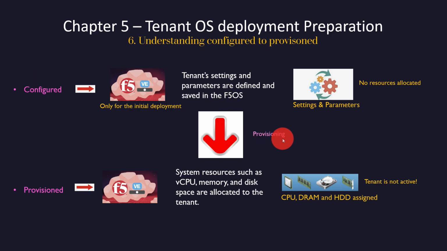Provisioning is in progress. During this provisioning phase, the system allocates resources like vCPU, memory, and the virtual disk. This process typically takes 1 to 2 minutes. Please wait for the process to complete.